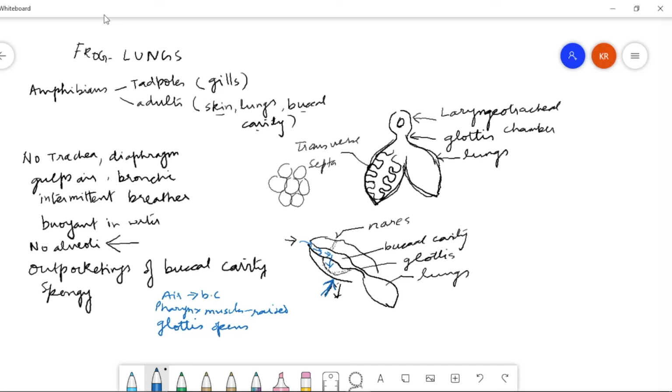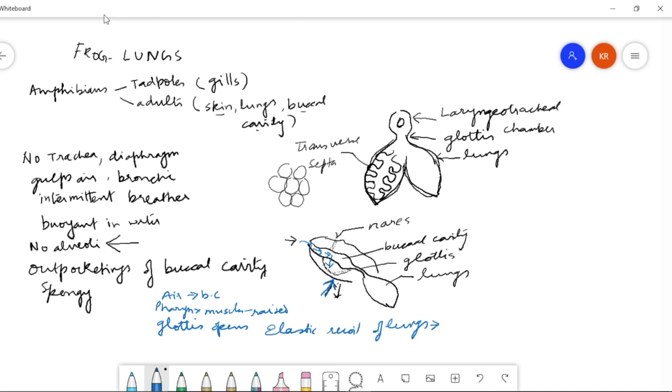Now two things happen at the same time. Because of elastic recoil of lungs, whatever air there is in the lungs will directly go out without mixing with this air.